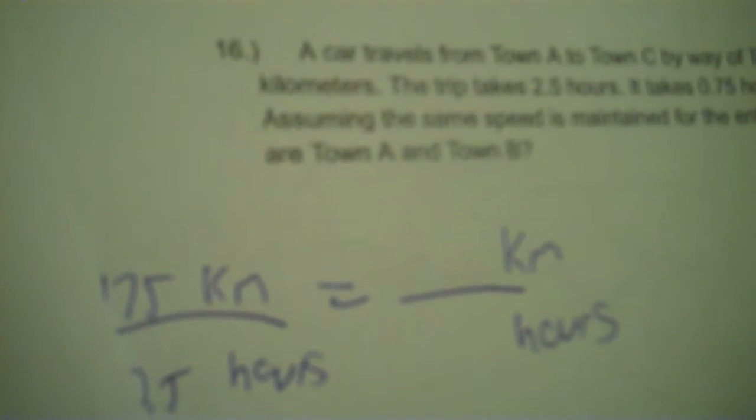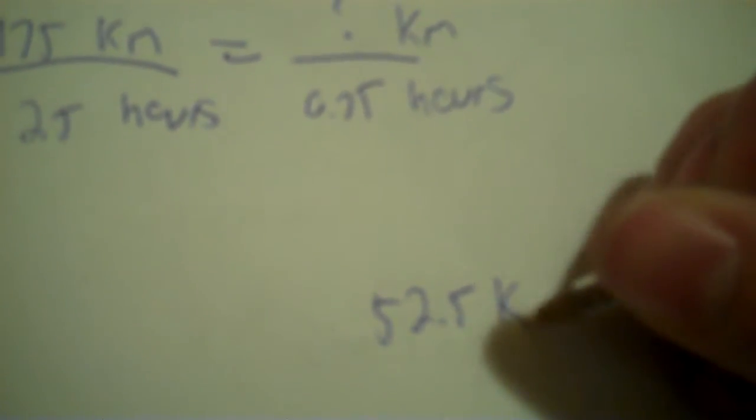Okay, so this little part we want to figure out, we know we have the time for that, but we don't have the kilometers, okay? Cross multiply and divide. I think it's 52.5. Yep. So 52.5 kilometers.